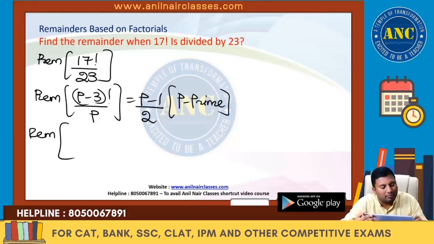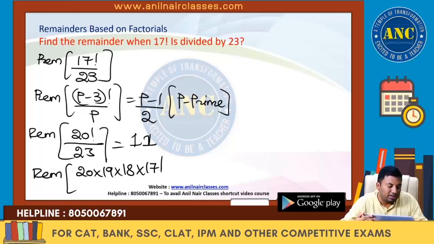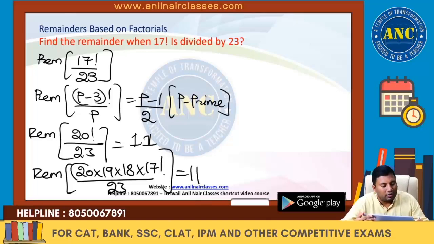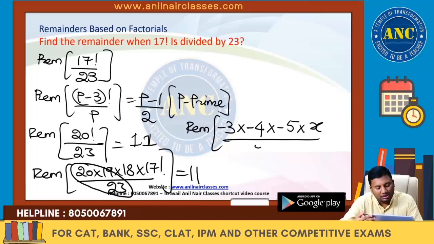So this will become 20 factorial by 23. It is nothing but 22 by 2, which is 11. 20 factorial is 20 into 19 into 18 into 17 factorial, when divided by 23 it is 11. 20 is 23 minus 3, 19 is 23 minus 4, 18 is 23 minus 5, into x, when divided by 23 is 11.